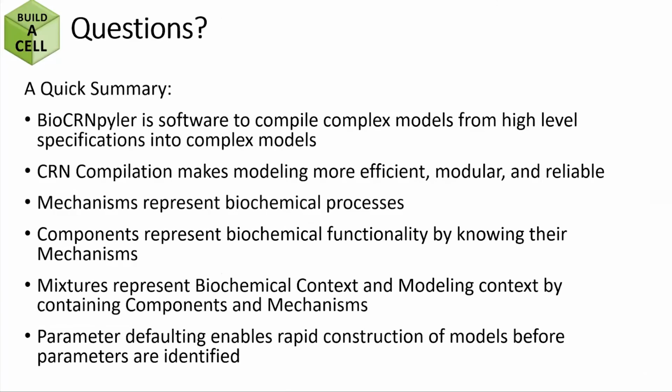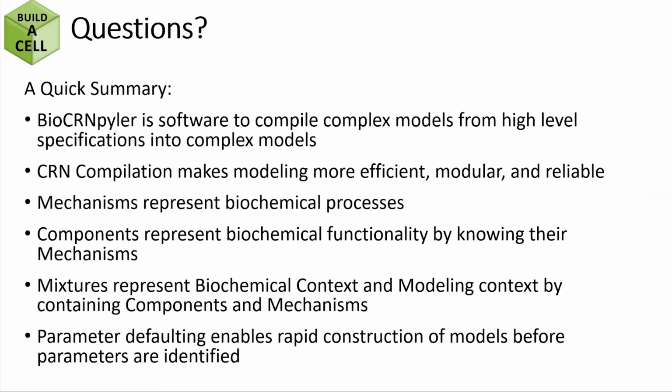So before I take questions, I want to give you a quick summary. Biocompiler is software written in Python that lets you compile complex chemical reaction networks from high-level specifications. Chemical reaction network compilation makes modeling more efficient, modular, and reliable. In Biocompiler, mechanisms represent biochemical processes.